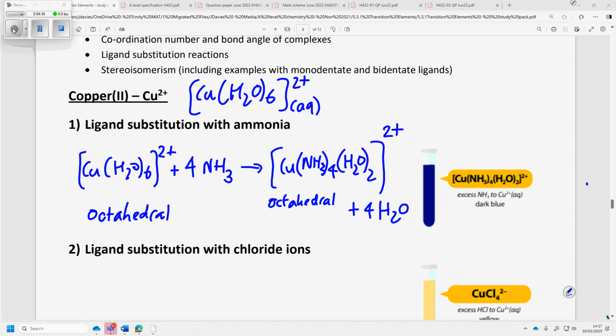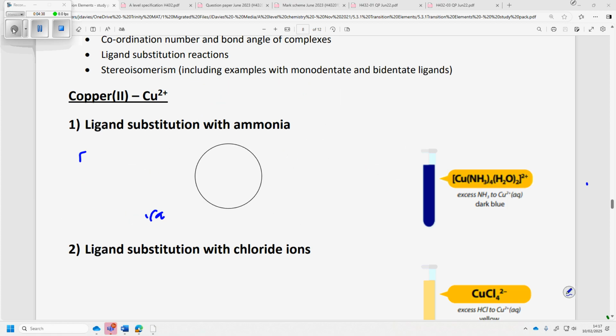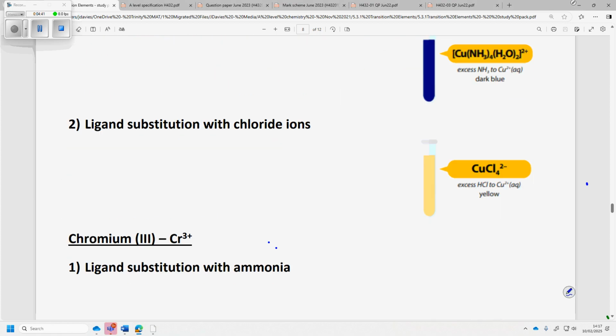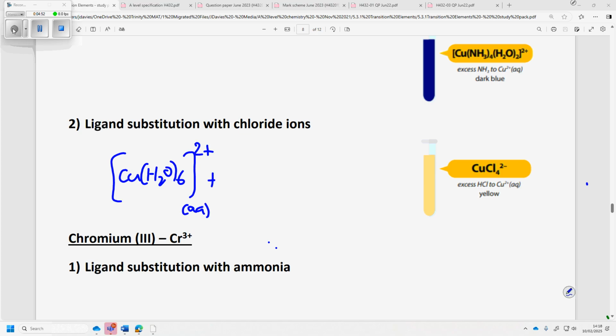Now when we do ligand substitution with chloride ions, something very, very different happens. We take our copper hexaaqua, this time we swap 4 chloride ions in, and interestingly, all of the waters are replaced by those 4 chloride ions.